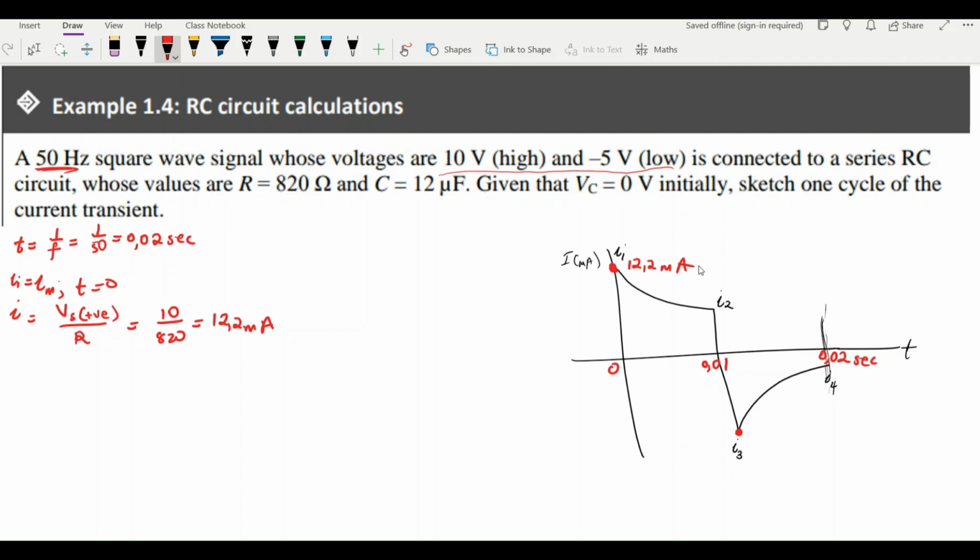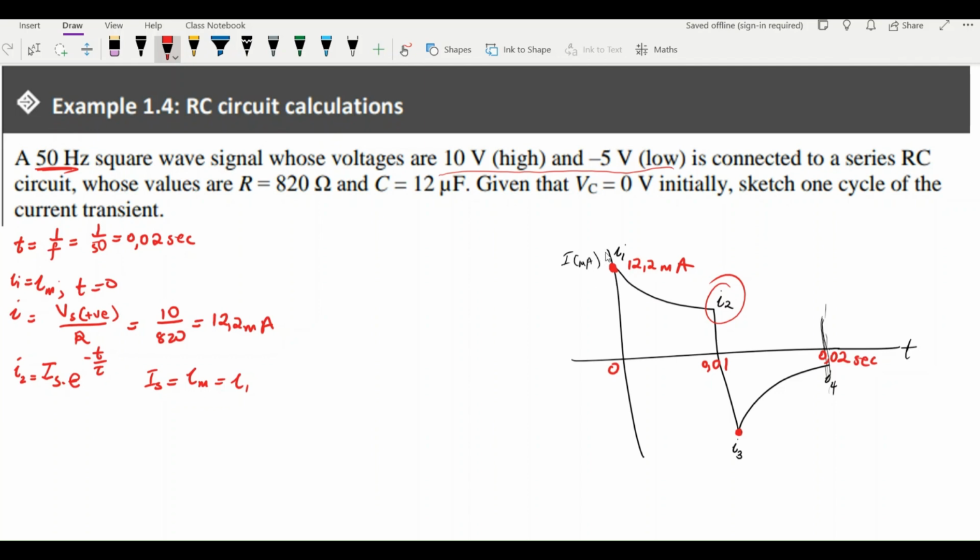The next step is to calculate I2. I2 is situated at 0.01 seconds. The value of I2 should be calculated as I supply times e to the power negative t over time constant, where I supply is the same as I max, which in this case is I1.